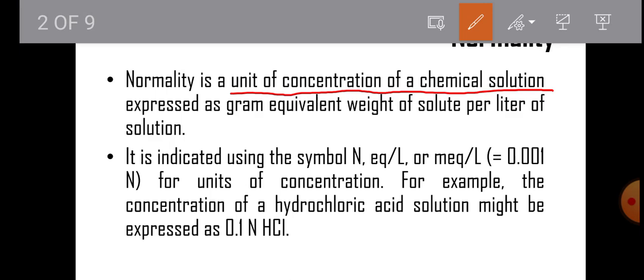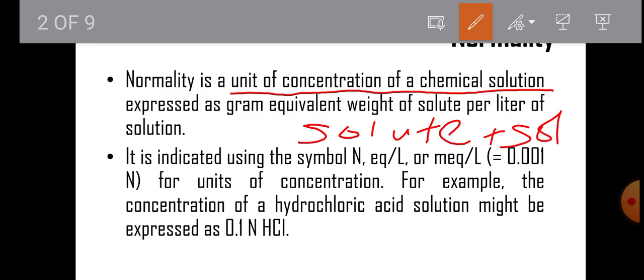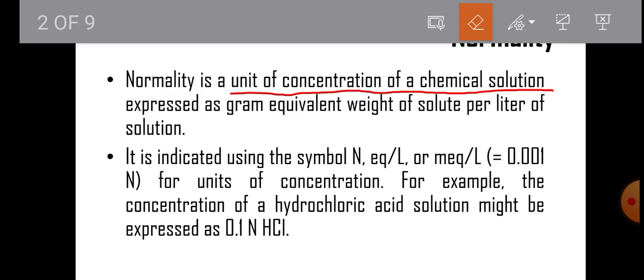It contains a solute and a solvent. Remember always, solute plus solvent together we call a solution.